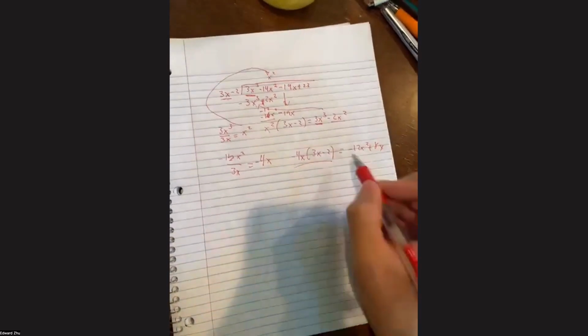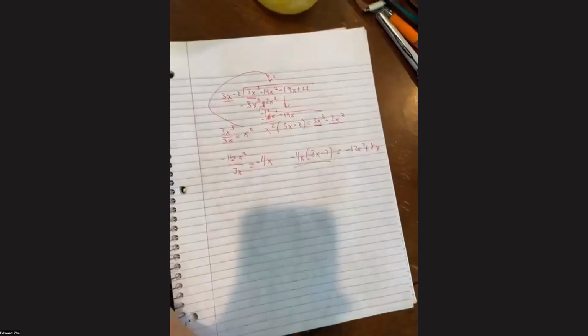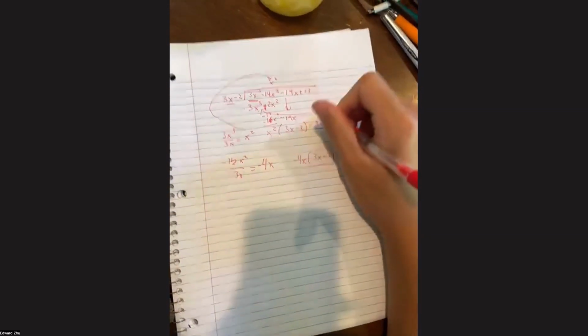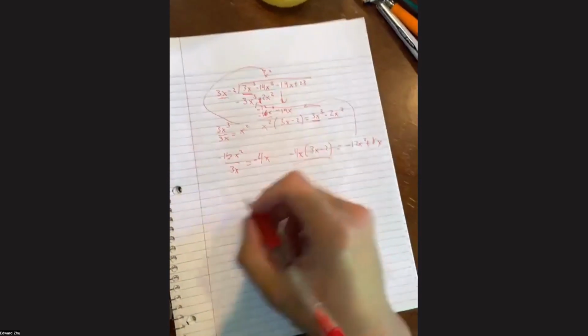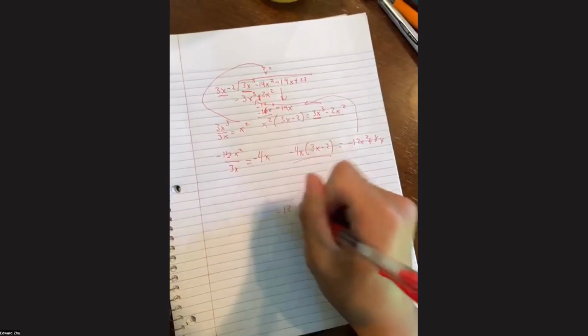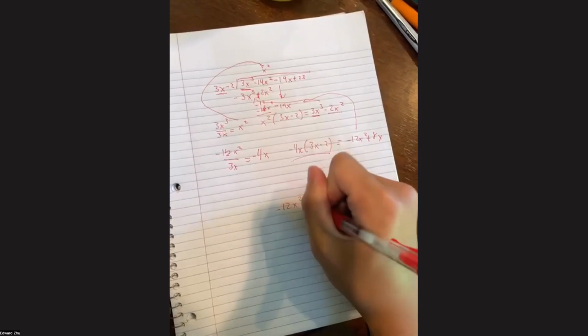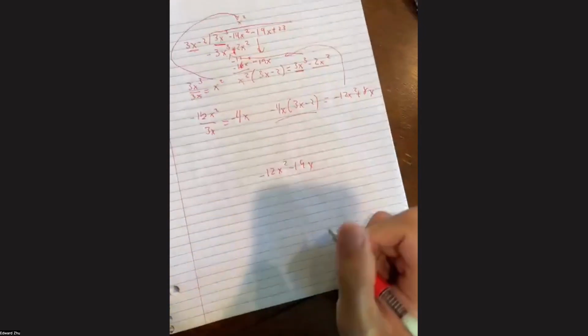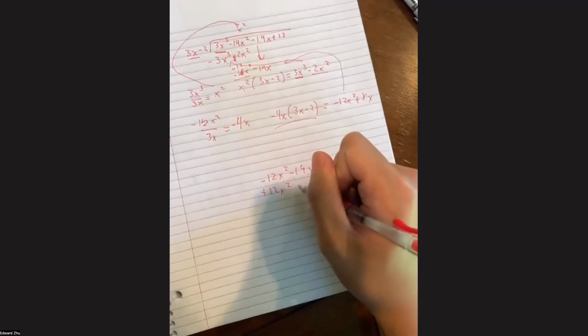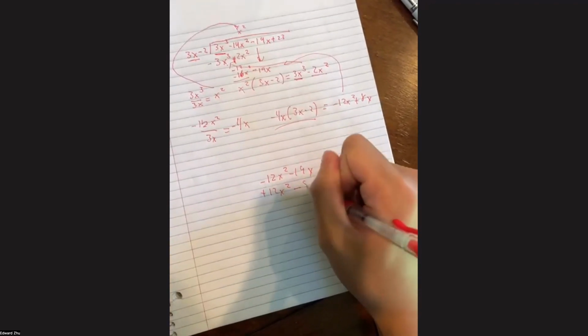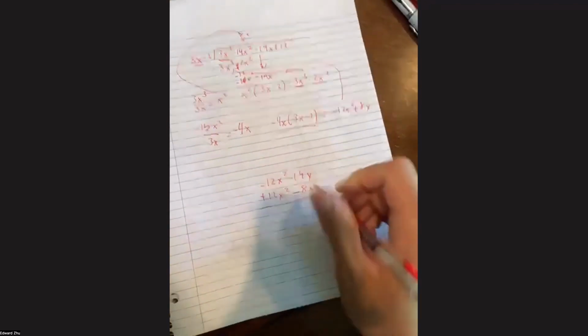Okay. So after this, right, you would plug it, you would again drag it into the problem. So it's a bit messy, but negative, I'll just move this down here, 12x squared minus x. Right. You would have plus 12x squared plus minus 8x, right?